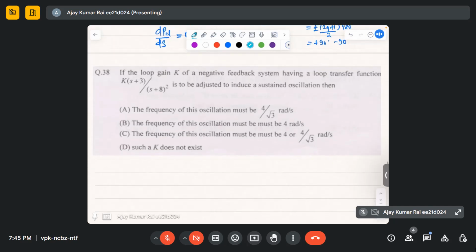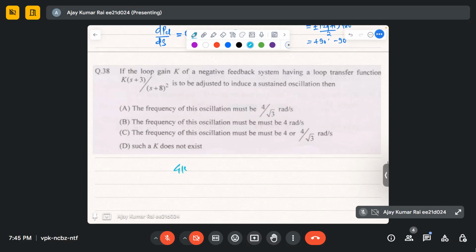It says if the loop gain k of a negative feedback system having this loop transfer function is to be adjusted to induce a sustained oscillation, then, let's find out. G of s is given as k into s plus 3 over s plus a.